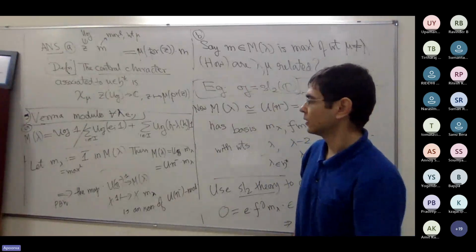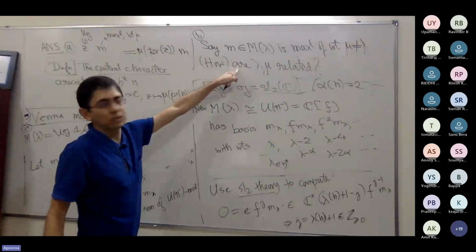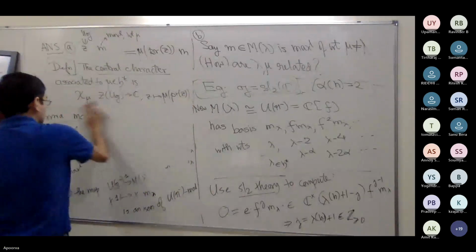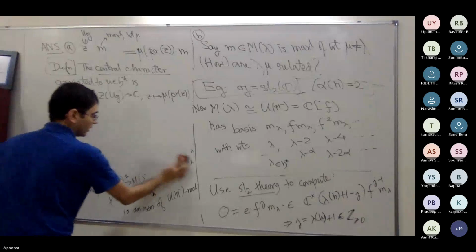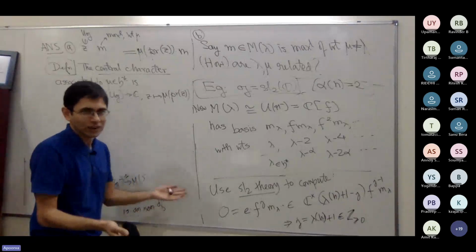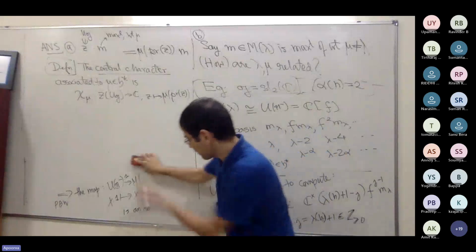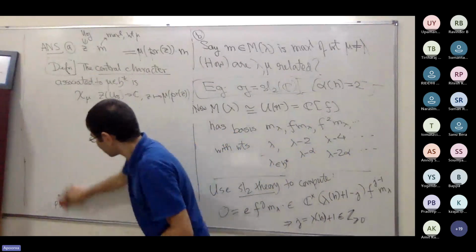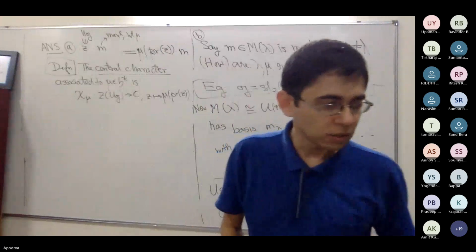This is the central character. Now, this central character is what is going to be used to answer this question. I could have done this after introducing category O, but as you can see, I don't use anything about category O here. So I want to do this first, then we will get to category O.